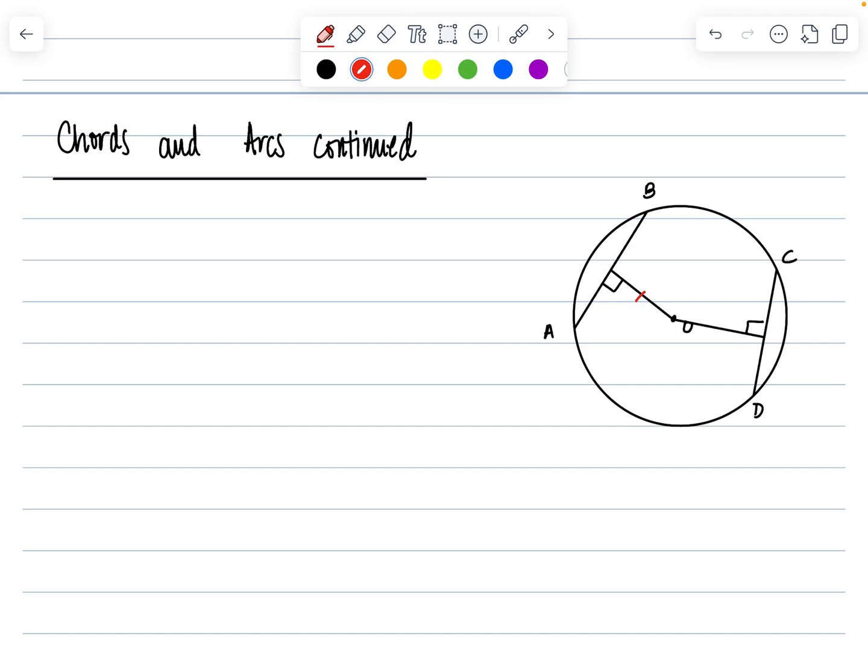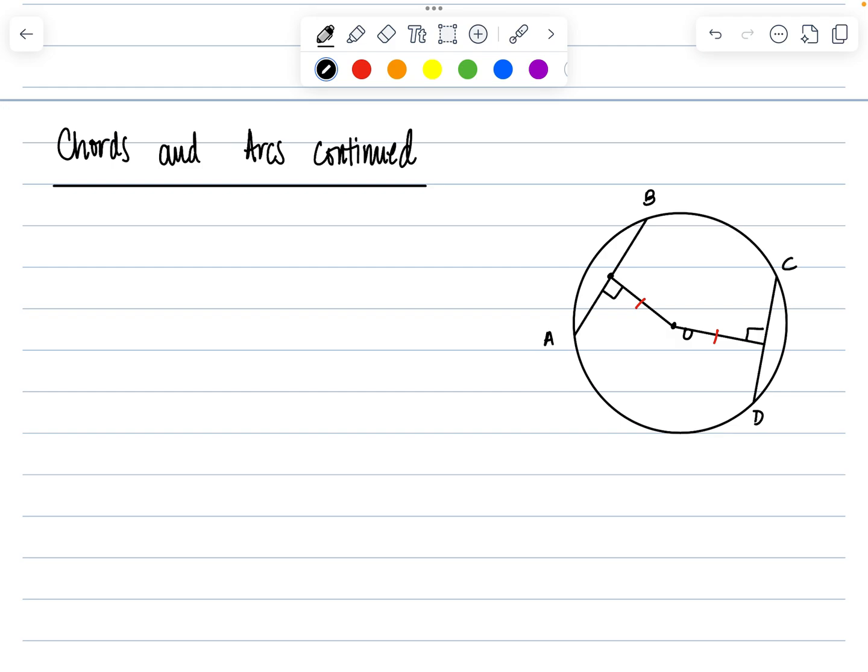So, if these two distances were the same, let's put some endpoints here. Let's call this E, and let's call this F. For instance, if EO was congruent to FO, then we could definitively say that AB will be congruent to CD. That's what it means by equidistant chords from center.